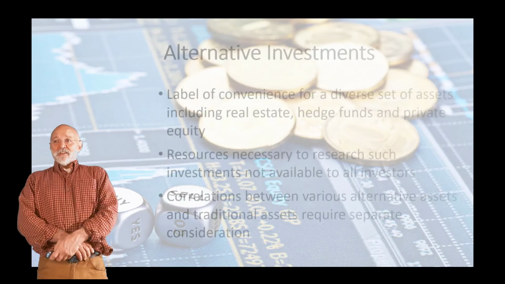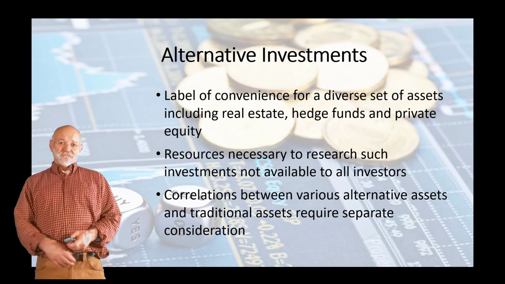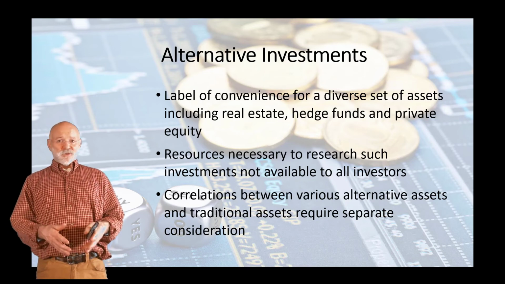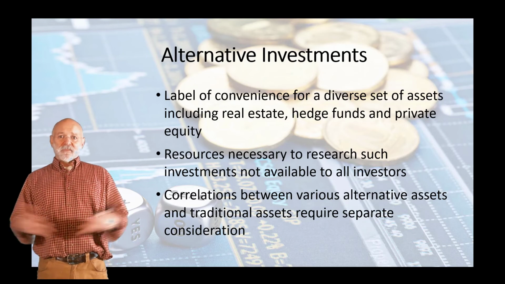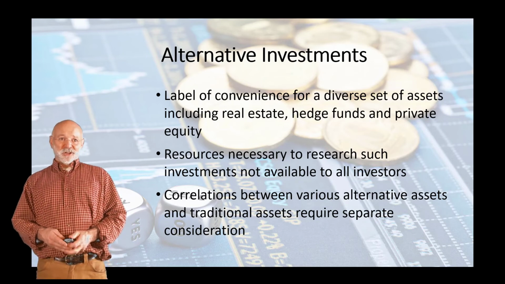A third area that we're also going to be concerned with is alternative investments. Alternative investments include things like private equity, commodities, hedge fund investments, just about everything that is not part of bonds and stocks.